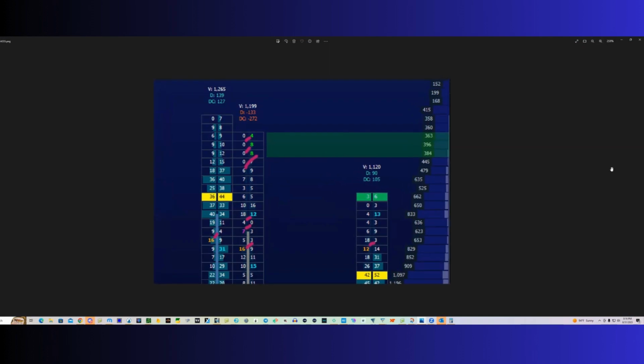Okay, so when we're looking, I think this was after hours, but this is essentially the auctions that we're looking for, right? When they talk about clusters, this is a cluster, a buy imbalance cluster.